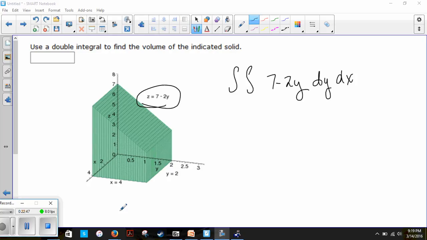And so for my dy's, I am going from 0 up to y equals 2. And then for my dx's, I'm going from 0 to 4 on the x.